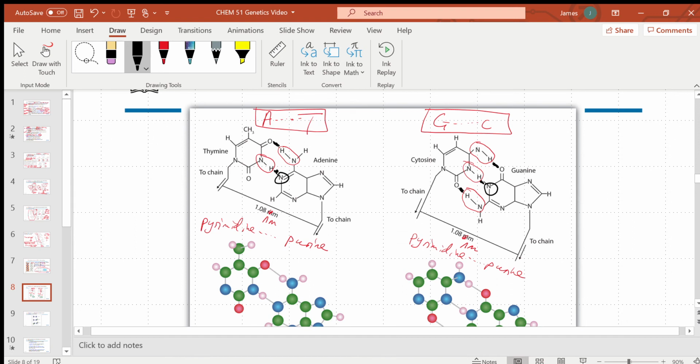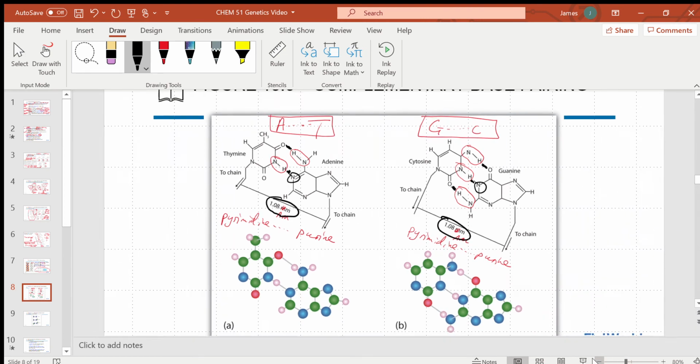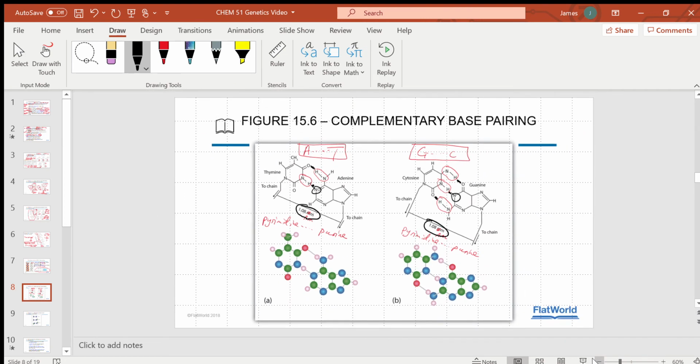So not only can we see the hydrogen bonding, but we can see the almost regularity of the separation. So this uniformity stabilizes the structure, and it's this uniformity that gives it preference over pyrimidine-pyrimidine base pairing or purine-purine base pairing.